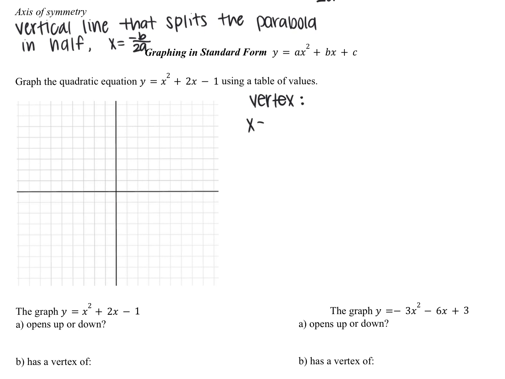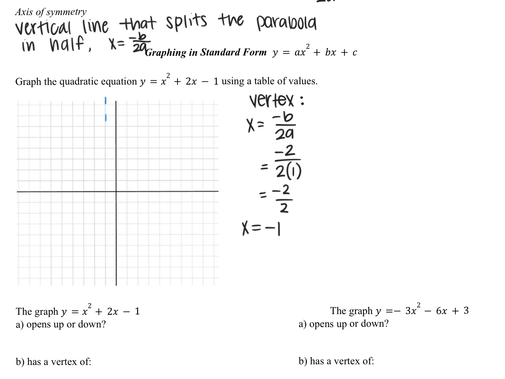I'm going to use x equals negative b over 2a to find the x value of my vertex. So b is 2, so I'm going to do negative 2 over 2 times a, which is 1, which is going to be negative 2 over 2, which tells me the x value of my vertex is at negative 1, which is also my axis of symmetry. So I'm going to go ahead and label that in my graph.